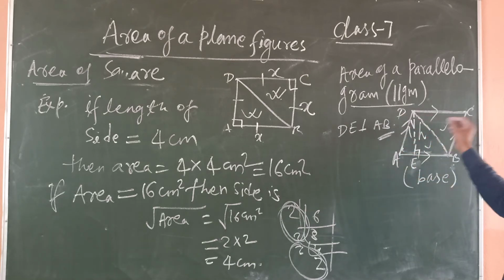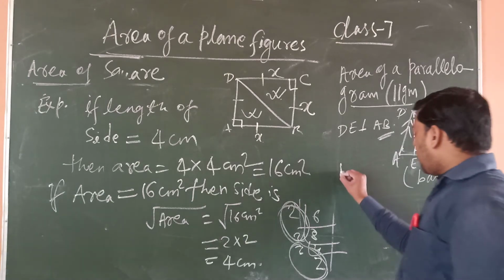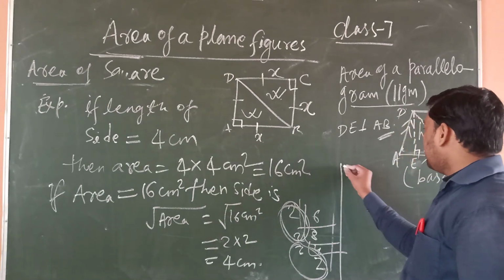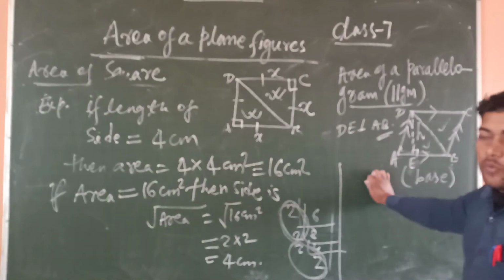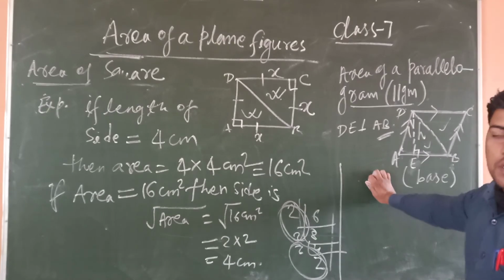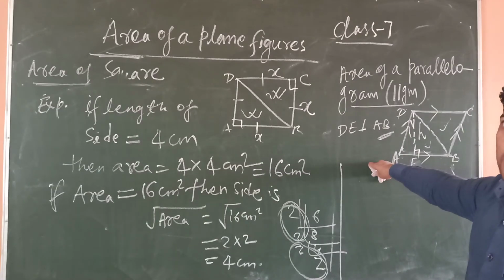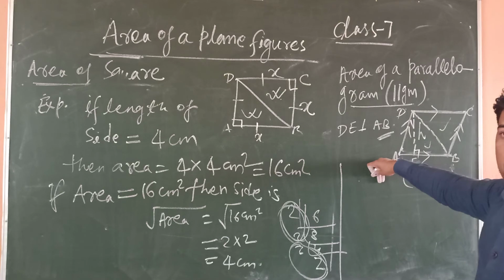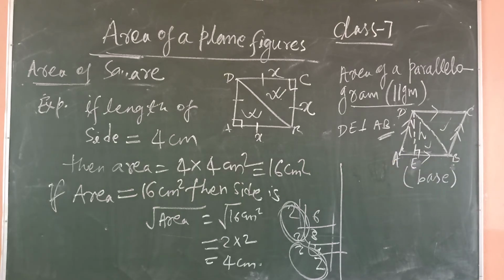Triangle ABD and triangle CDB are both congruent, and congruent figures have equal areas. Because, as you know already, two figures are congruent if they have the same shape and same size.